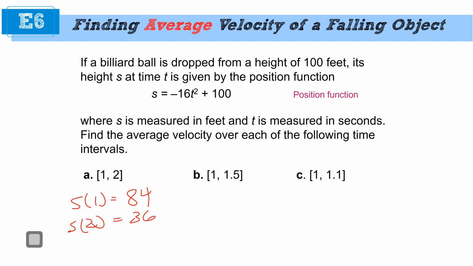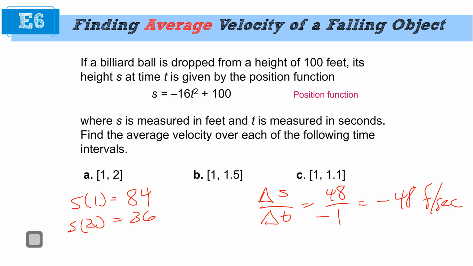What's my change in distance? What is that, 48 feet? Delta S over delta T. 48 over 1 second is, oh wait, 48 feet over negative 1 second gives me negative 48 feet per second.